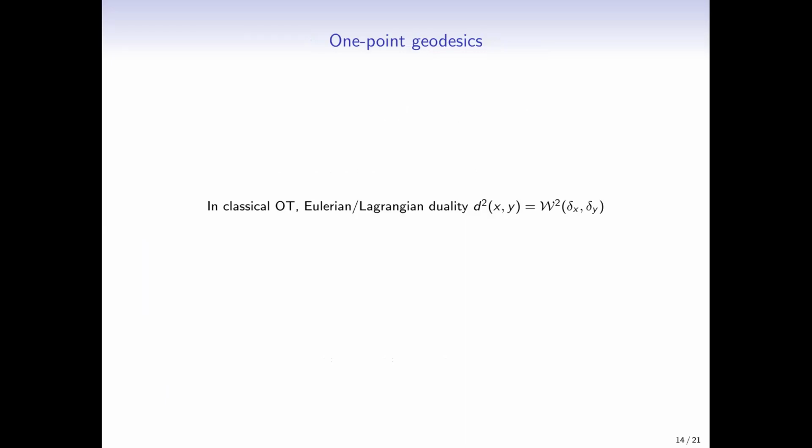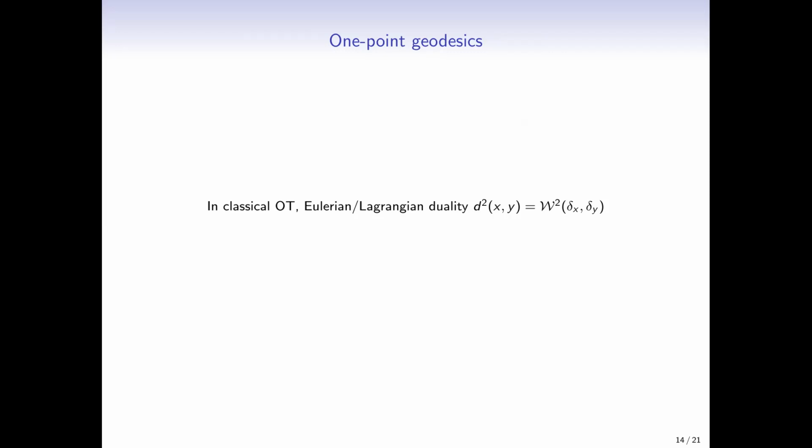So let me illustrate this on a fundamental problem, which is the following. So in classical optimal transport, so mass conservative optimal transport, where you don't distinguish blue, red cars, you only have one type of cars. So Wasserstein optimal transport, if you like. A fundamental feature of optimal transport is the so-called Eulerian-Lagrangian duality.